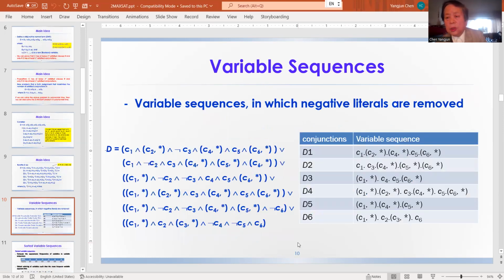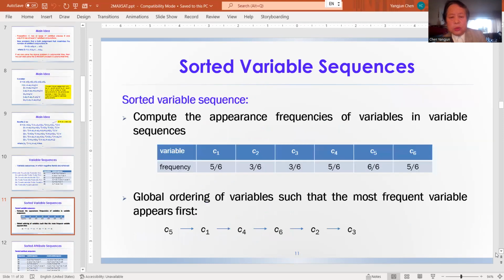But doing this enables us to represent each conjunction as a variable sequence like this. With each negative letter being removed, now we are able to compute the appearance frequencies of variables in variable sequences like this.